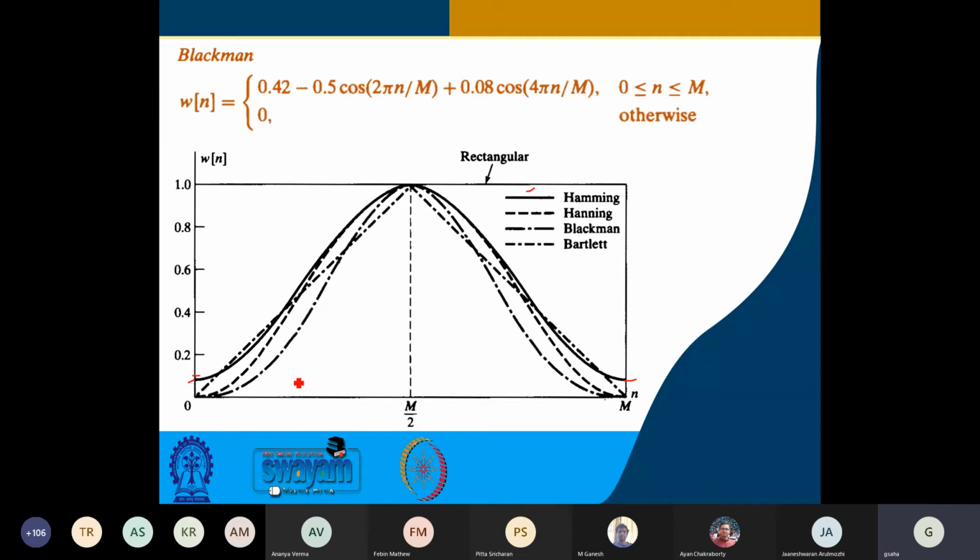Okay, 0.08, it's okay, looks good. Hanning is the dashed line, this dashed line. It ends at 0, as we told. And for simulation purposes, we didn't consider the last values. Then Blackman, dash dot. Okay.